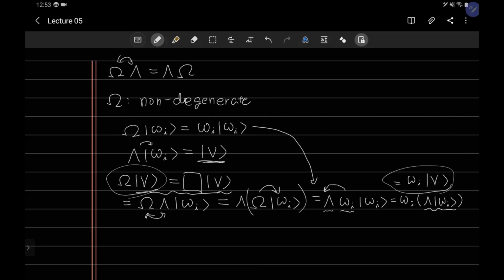So the story does not stop here. One more thing we have to note is that we started with the assumption that omega is non-degenerate.